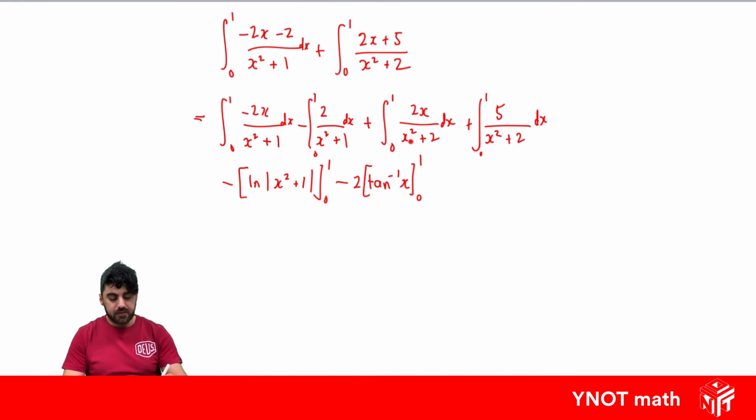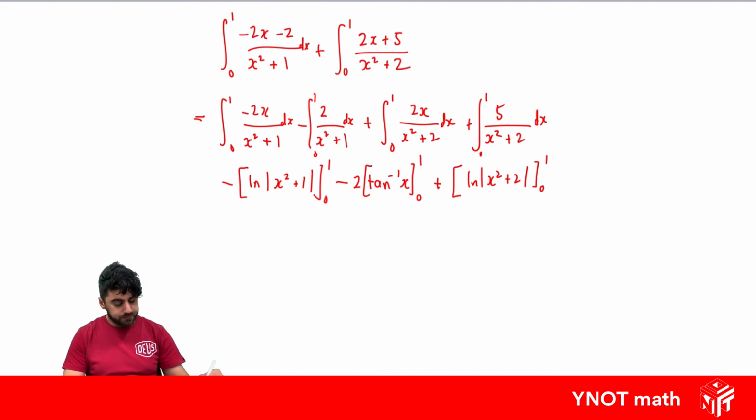Here our derivative of the denominator is in the numerator, so we can just straight away write that as ln of the absolute value of the denominator. And over here we have an inverse tan, where we have x squared plus a squared, which means we need a in the numerator, so we need root 2 up there.